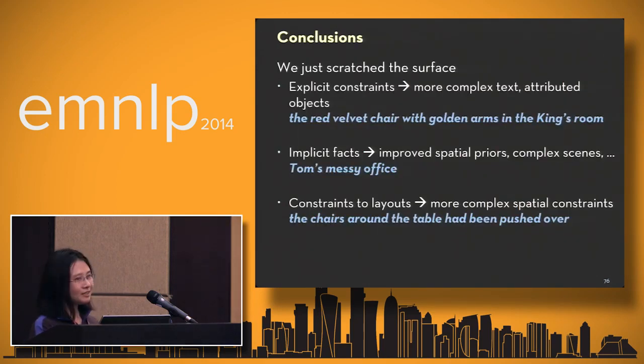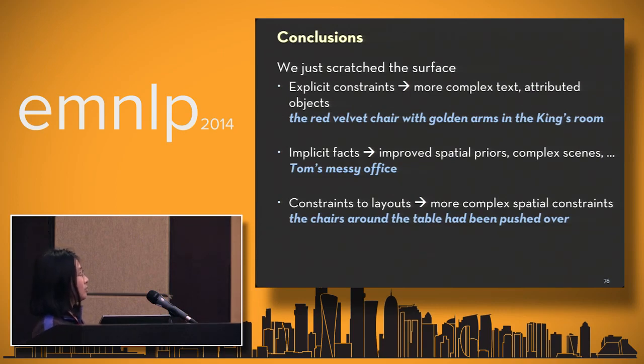And to conclude, it's a hard problem, but I think it's very interesting, and we've just barely scratched the surface. And I would like to summarize: we've shown that explicit constraints are important, but you can have more complicated text.